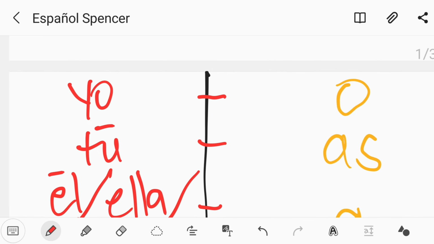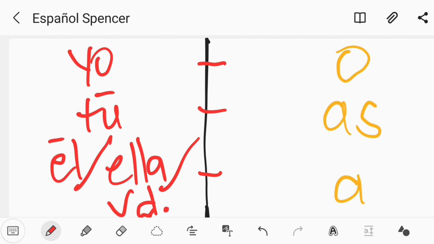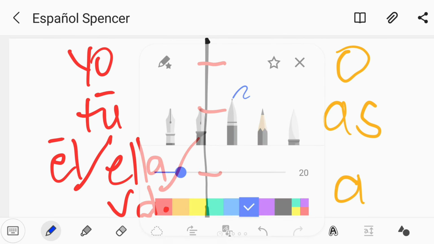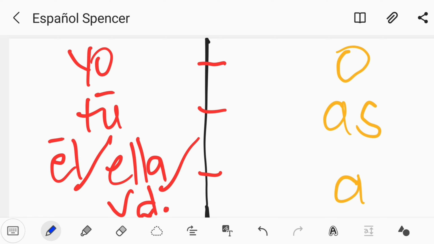So let's take a look. For the verb hablar, this is yo. Let's change the color of that one. Let's take blue. So for the yo, you see that this is the suffix now.